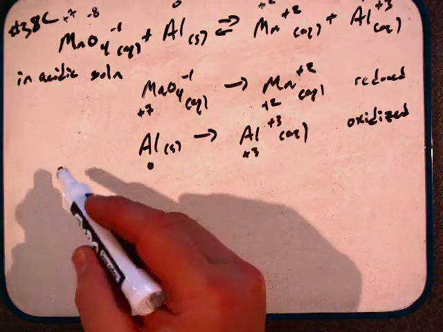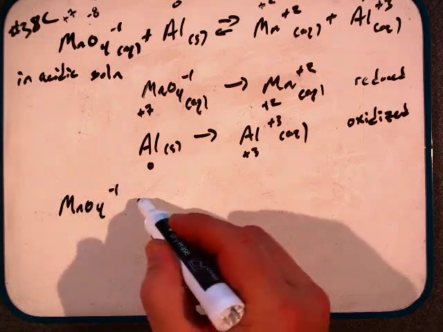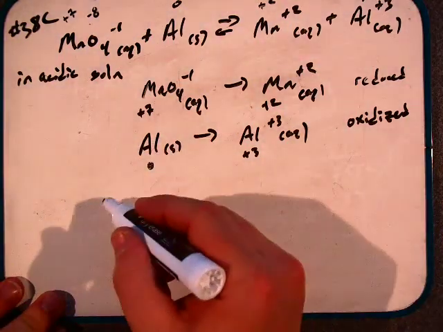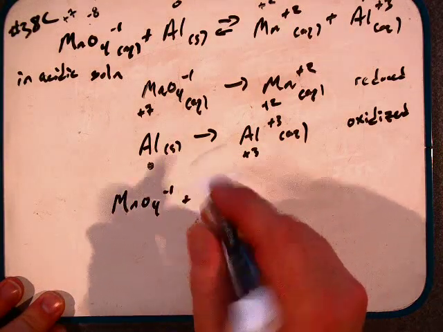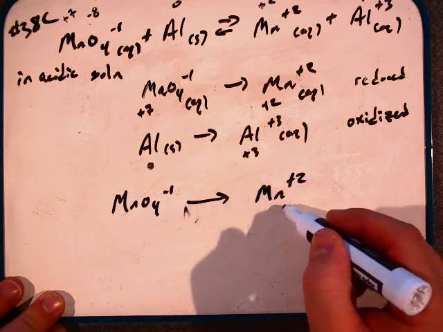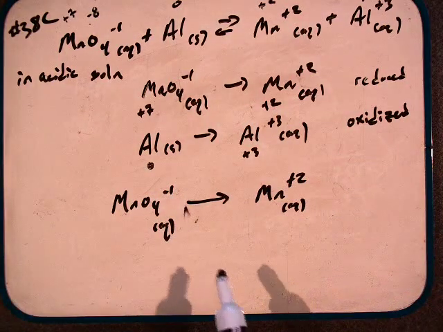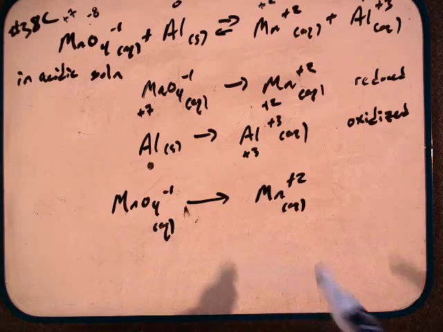And so if we begin with the manganate, let's begin a little bit more in the middle here. First thing we do is we balance the atoms. Manganese is balanced, oxygen is not.